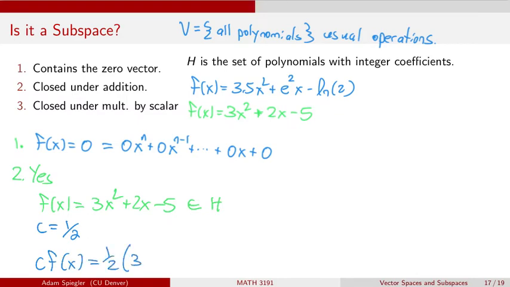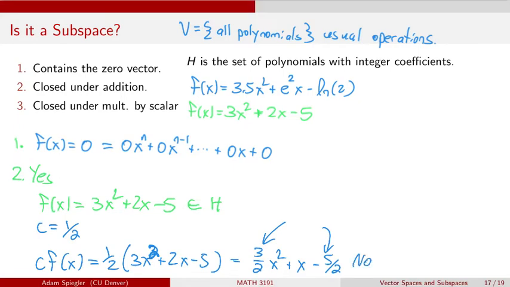So I'm going to take 1/2 times 3x squared plus 2x minus 5, and this gives me 3/2 x squared plus x minus 5/2. And the issue here is the coefficients now are no longer integers. So this is not in H. So this is not a subspace.